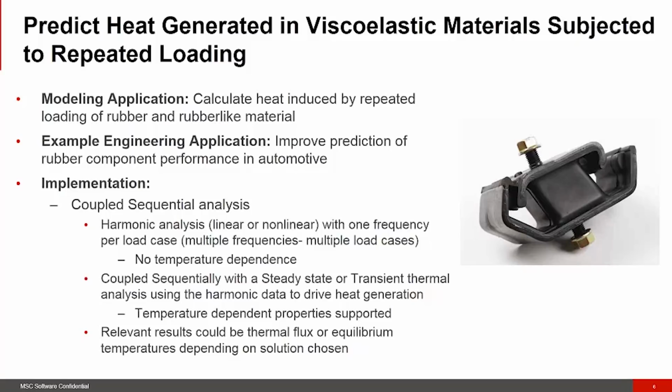Just want to let you know that there is no temperature dependency at this stage. However, this load case is followed by a steady state or transient thermal analysis load case where the harmonic data are used to derive the heat generation. And this allows you to calculate the temperature evolution of the viscoelastic material components.